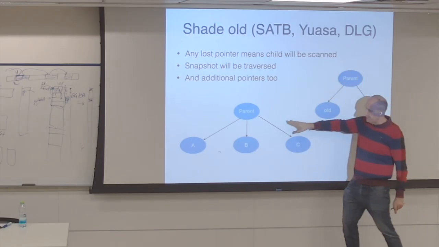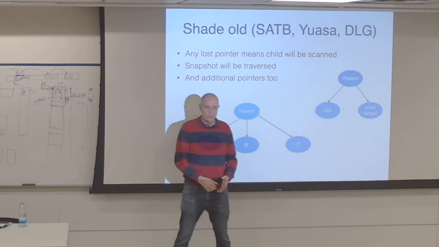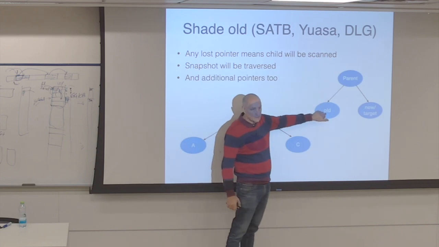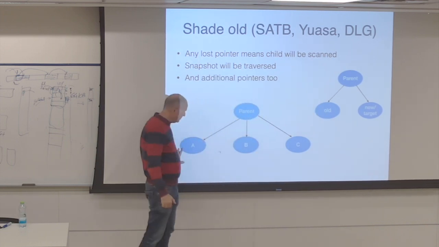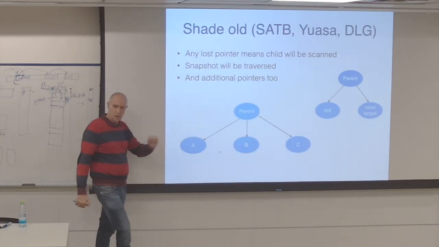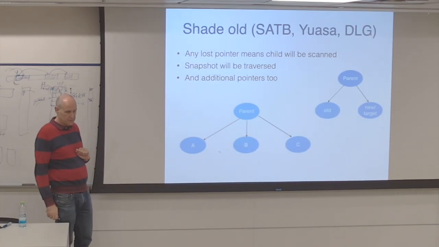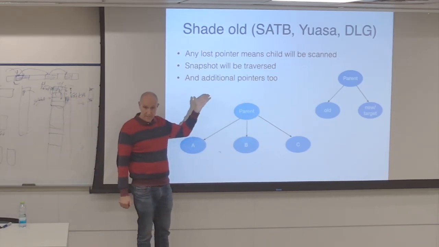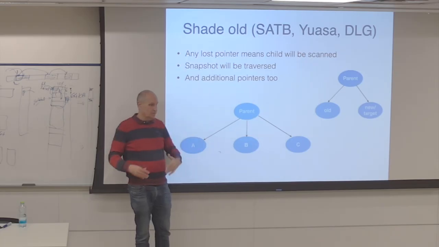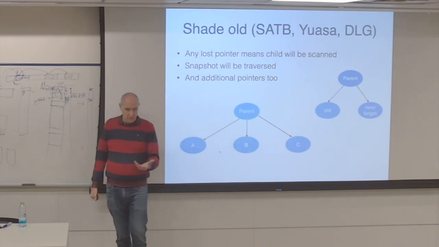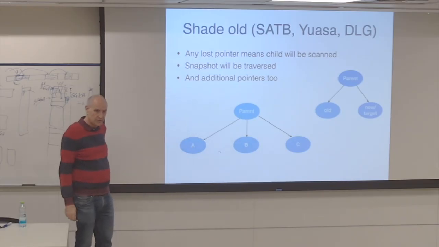If you just notify the collector about the old values and change it many times, you're going to record all these objects that lost a parent. So you will traverse a superset of the snapshot, adding additional pointers that you don't need to look at. So this is the third write barrier.